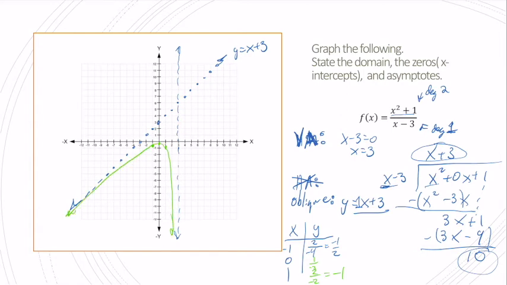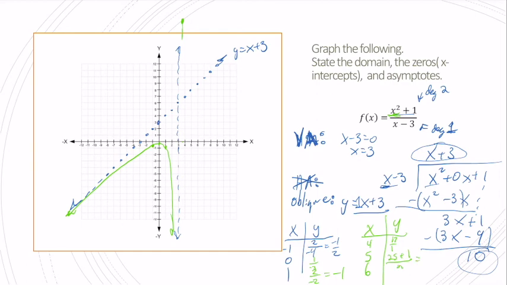All right, let's take a look at when x is 4, 5, and 6. When x is 4, I've got 4 squared plus 1, which is 17, over 4 minus 3, which is just 1. So when x is 4, y is 17. Okay, it's like way up here. When x is 5, I've got 25 plus 1 divided by 2, which is going to be 26 divided by 2, so 13.